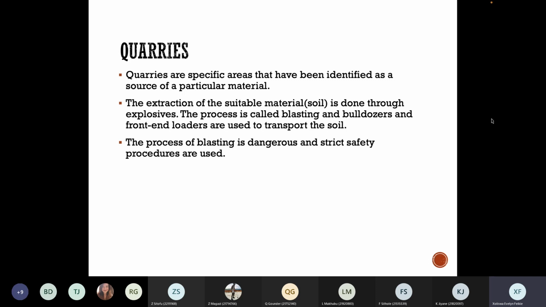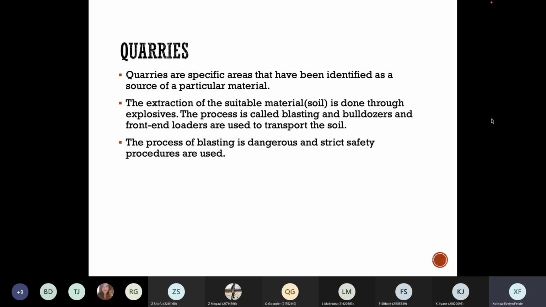So the extraction of the suitable material is done through explosives. They need explosives to help them extract the soil because sometimes there are hard rocks, and therefore you can't just use excavators to get the soil, right? Or maybe the layer of soil that we need is deep from the surface, which means certain tools cannot be used.